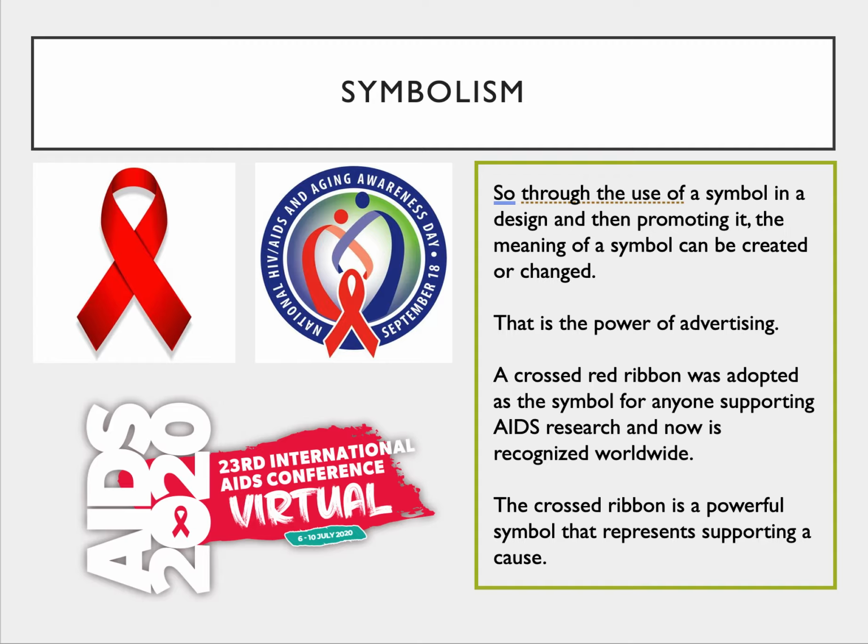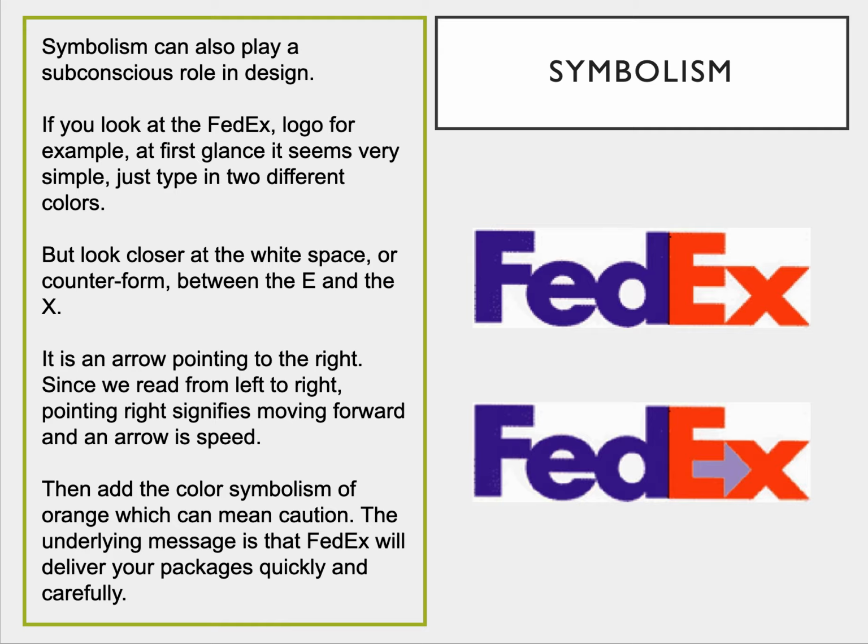And then, of course, the Red Cross, people know what that is, the pink ribbon. There are all kinds of things that people have come to associate, or the symbols that people have come to associate with causes or events, or just themselves, that can be used in design. And I don't know if you guys have ever noticed this, but there's an arrow right here. You can see it in color.